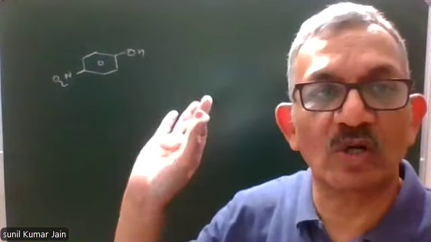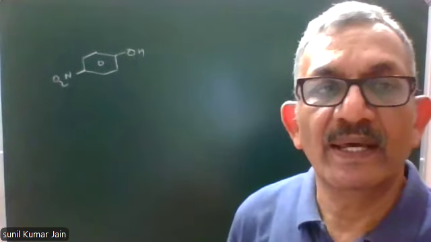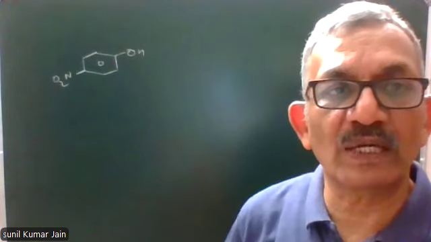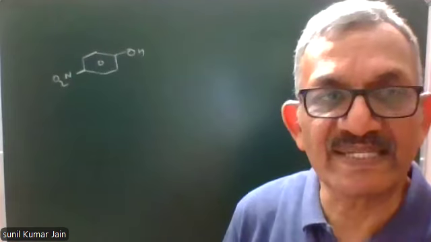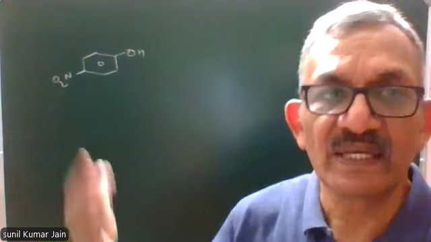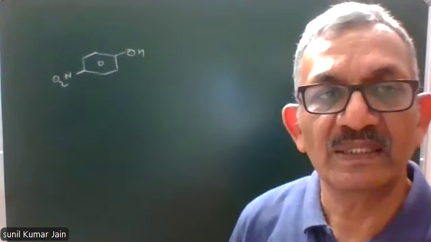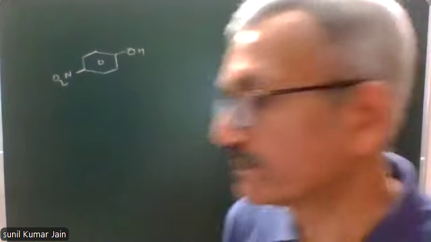We can make this common name more complicated. We can also call it para-nitrocarbolic acid. I hope it's easy to understand. On the basis of the first compound, carbolic acid, this can also be called para-nitrocarbolic acid. Anyway, that is rarely used.